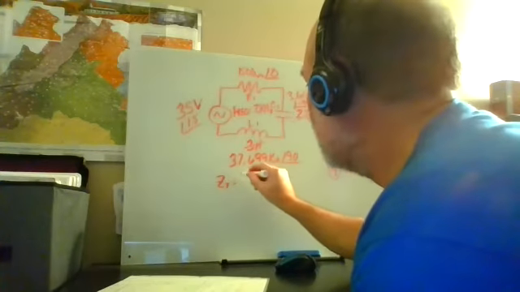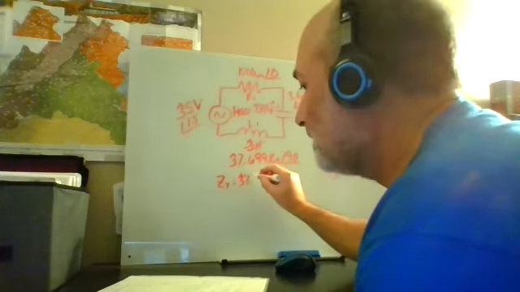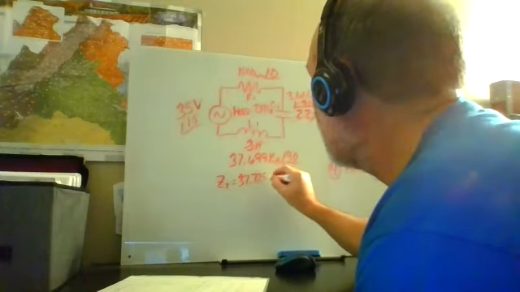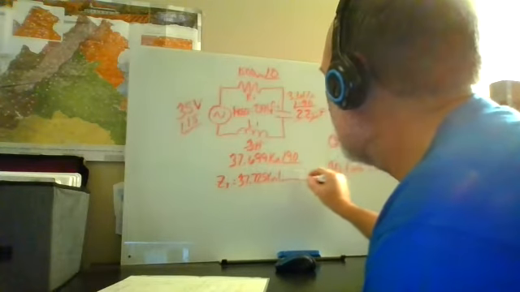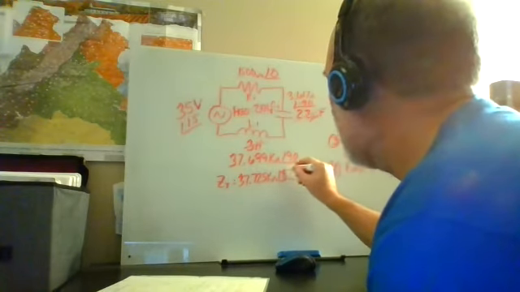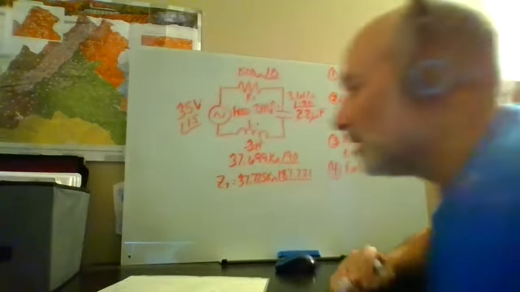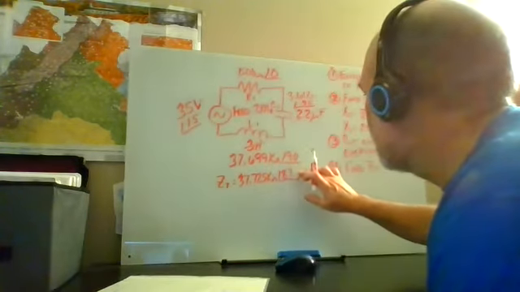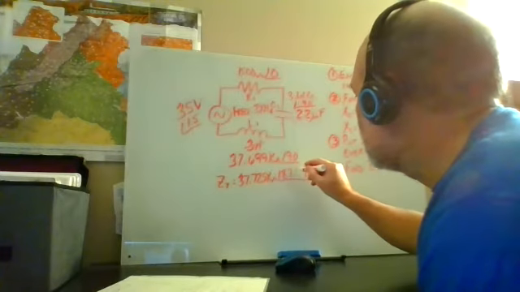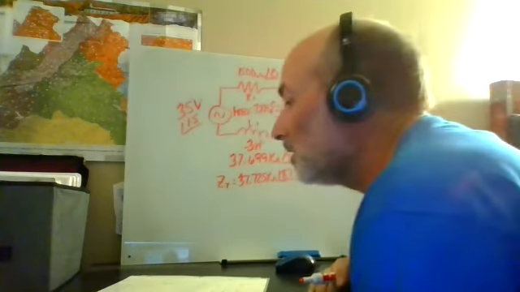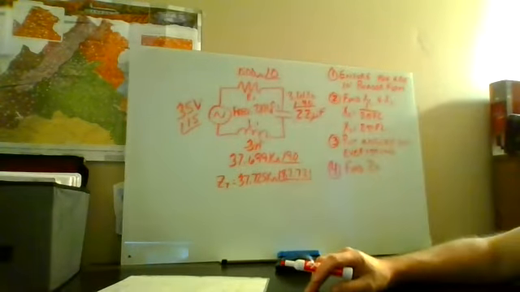And Z total, when you did that, should have come out to 37.725 K ohms at an angle of 87.721. Can't read my own writing. Okay.